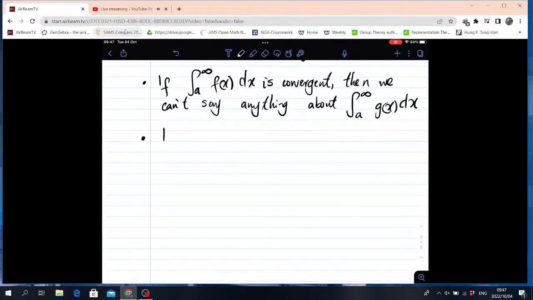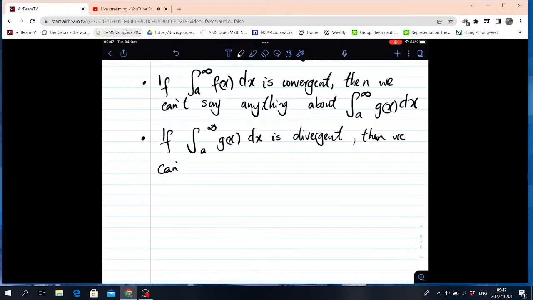And then if the integral from a to infinity of g of x dx is divergent, then we also can't say anything about the integral from a to infinity of f of x dx.